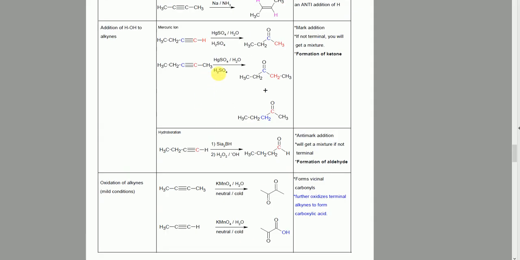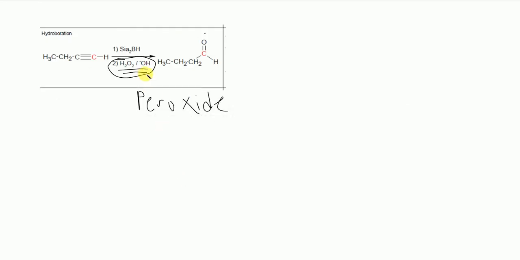So peroxides are always, think, anti-Markovnikov, right? So you can think of the reaction with HgSO4 as Markovnikov because it forms the most substituted carbonyl, and you can think of Cia2BH, H2O2, OH as anti-Markovnikov, forming the least substituted carbonyl always. The least substituted carbonyl has a name, and that name is aldehyde, right? So the aldehyde is going to be on one side, there's a hydrogen.